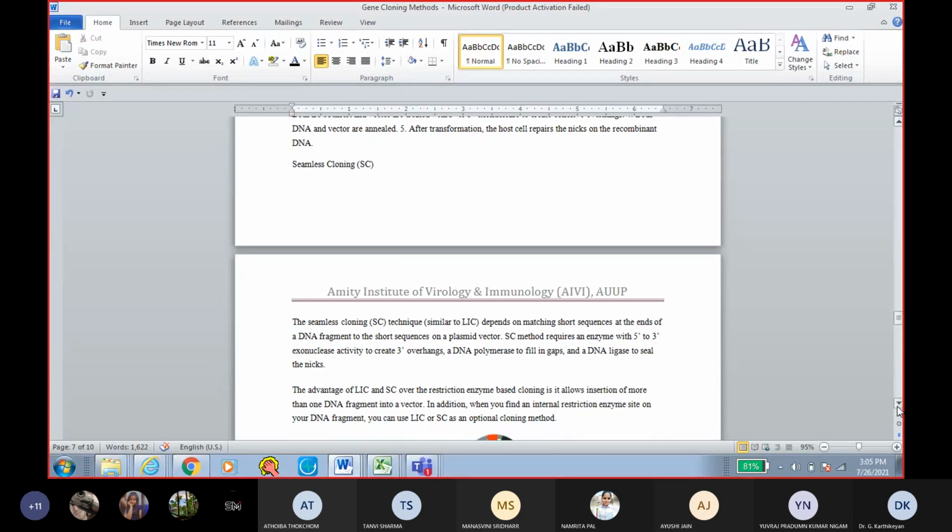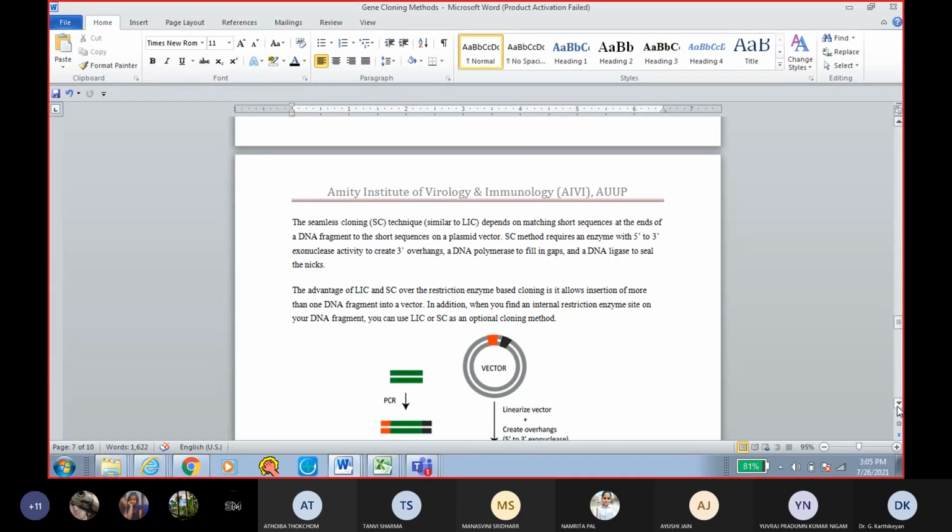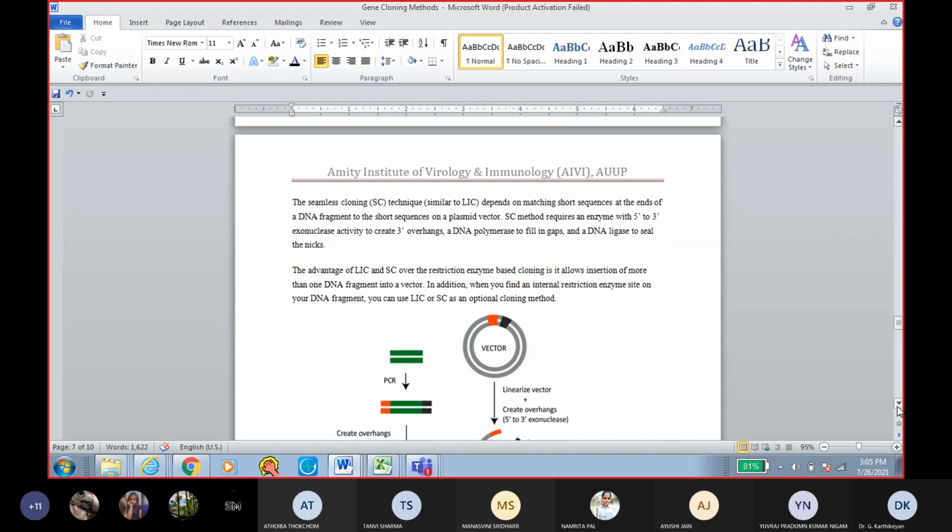Then you have another one called seamless cloning, which is very similar to ligation independent cloning and depends on matching the ends. Instead of the 3' 5' exonuclease activity, you use the 5' 3' exonuclease activity, which essentially creates 3' overhangs, and the DNA polymerase fills in the gap and the DNA ligase seals the gap.